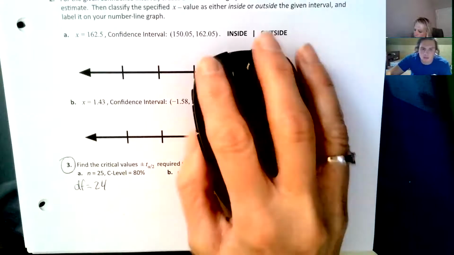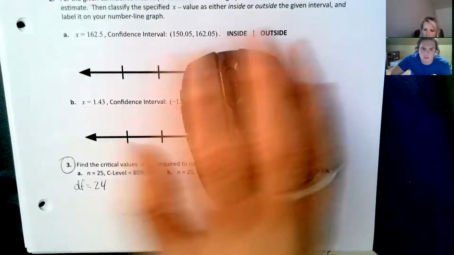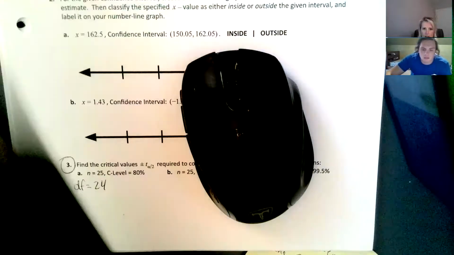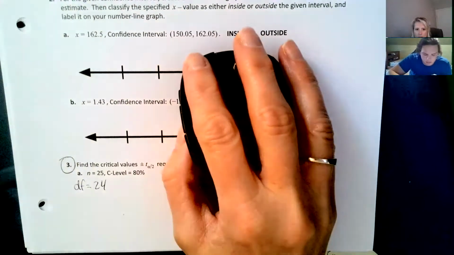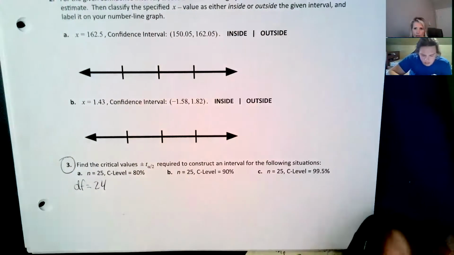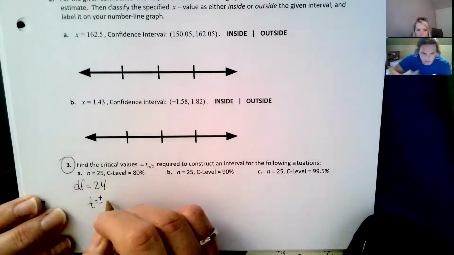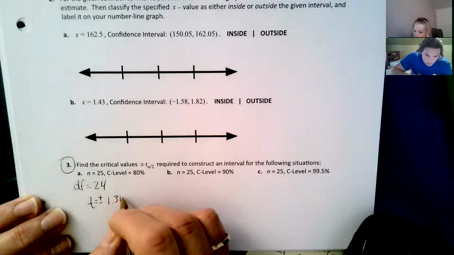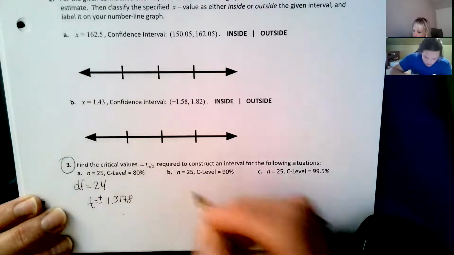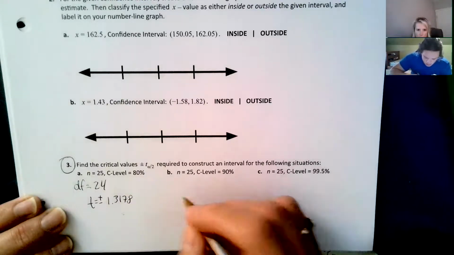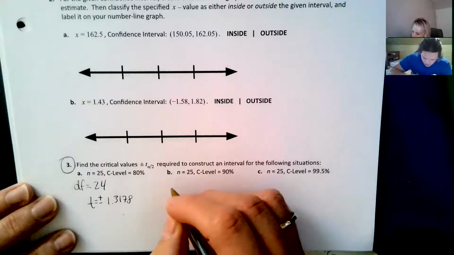And the first one, we want 80% as our confidence level, and we get our T values at plus or minus 1.3178. 1.318 is fine.